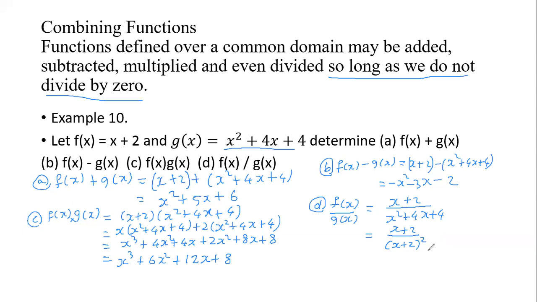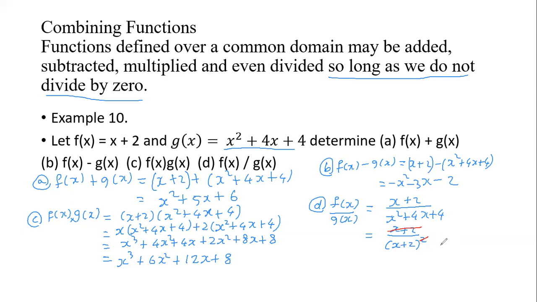If x plus 2 equals 0, we have 0 in the denominator. Therefore, this whole thing f(x) over g(x) is undefined. Therefore, at the time you cross this out, I cancel out the x plus 2.